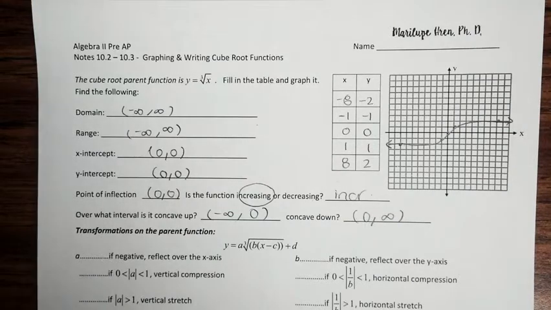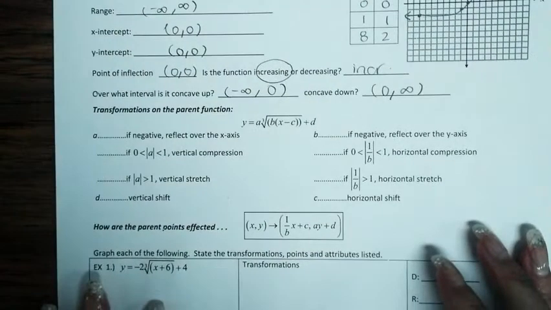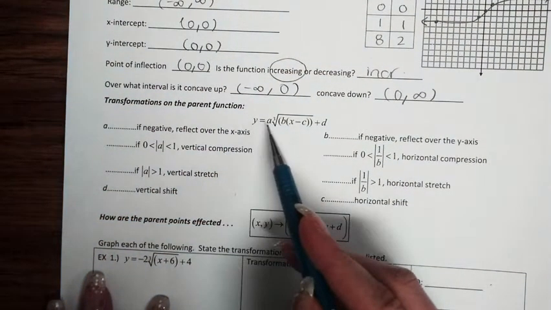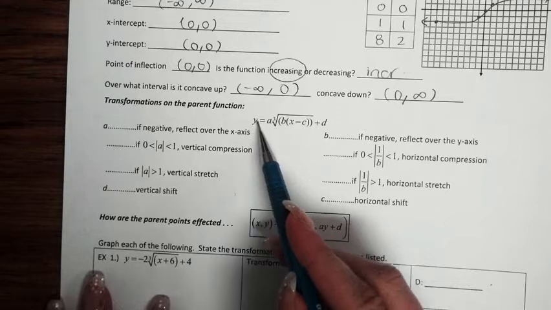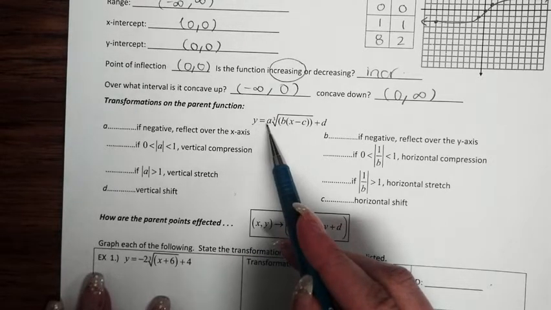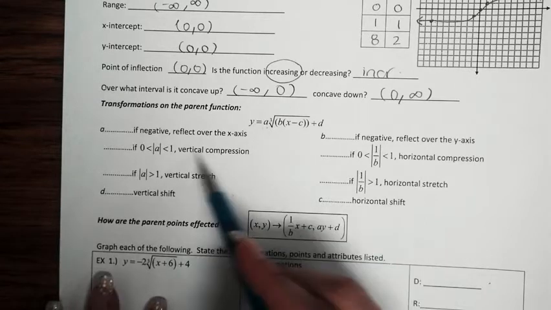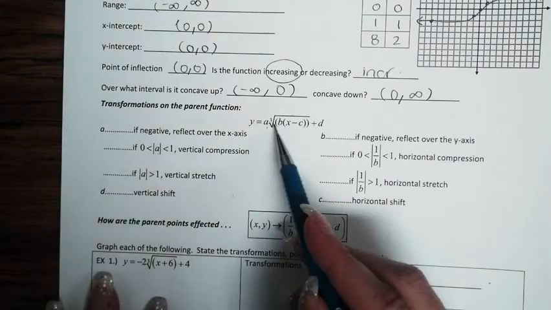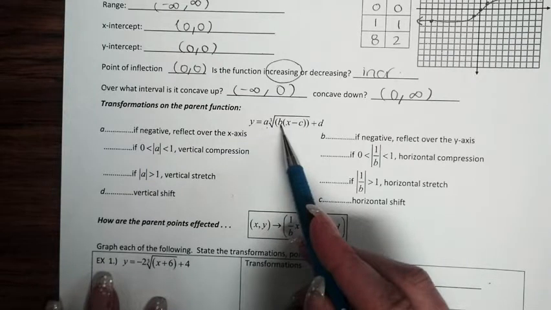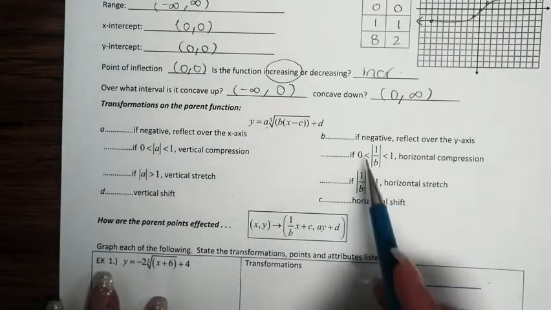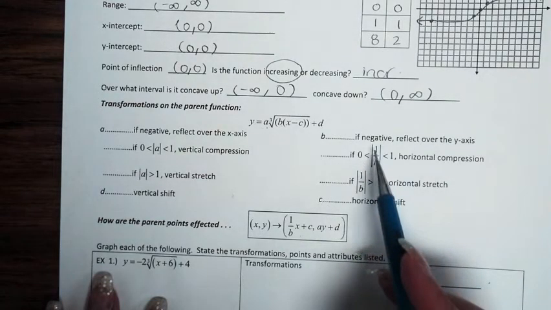Okay, so now a little refresher about transformations. Remember that the parent function of a cube root function is going to be y equals a times the cube root of b, and the a is going to be your vertical compression or stretch, depending on the case of your a. B has to do with the horizontal compression or stretch. Remember, the one that you're going to evaluate is 1 over b.